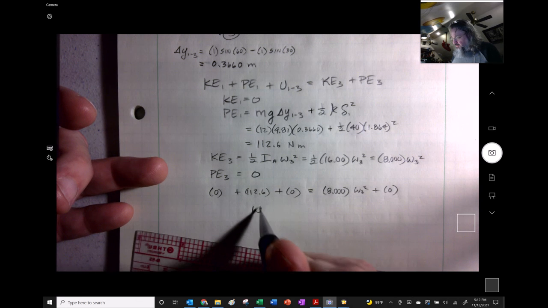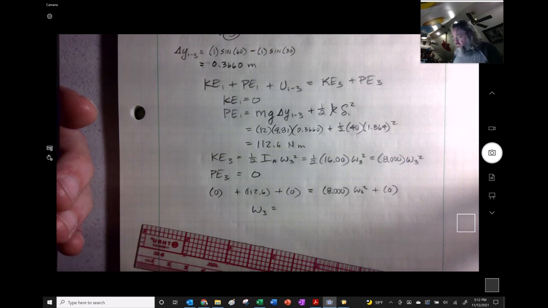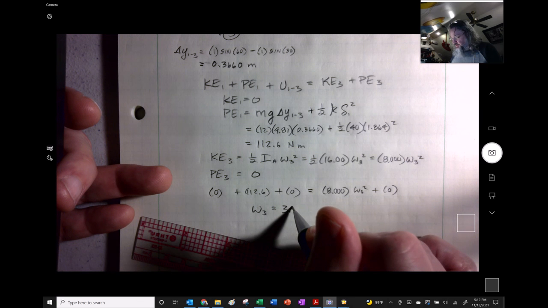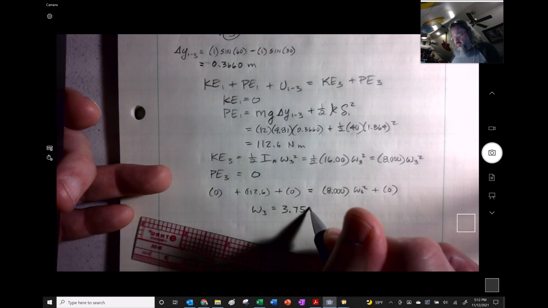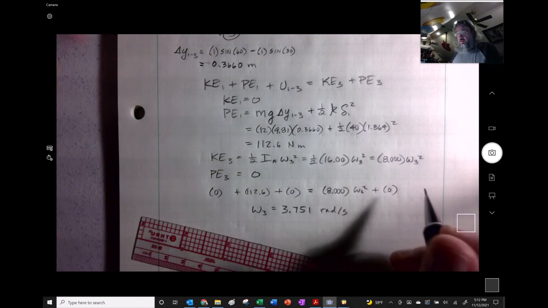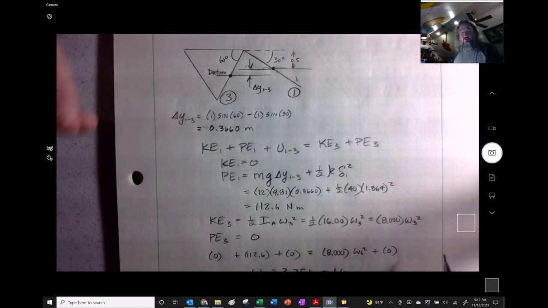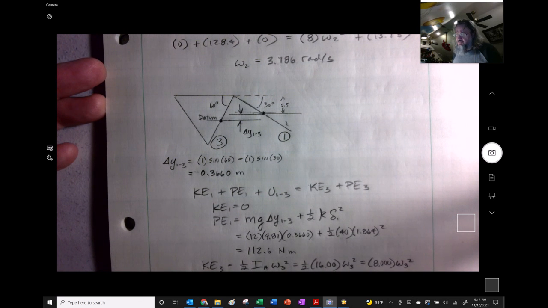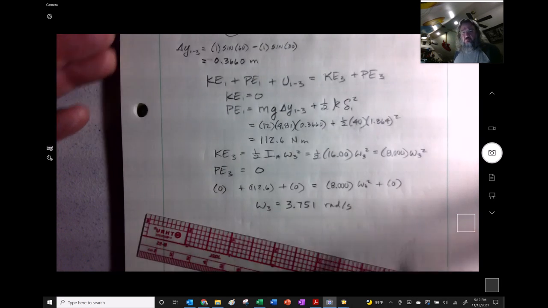And so omega 3 becomes 3.751. So it didn't actually even change all that much, huh? Because the other one was 3.786. That's interesting.